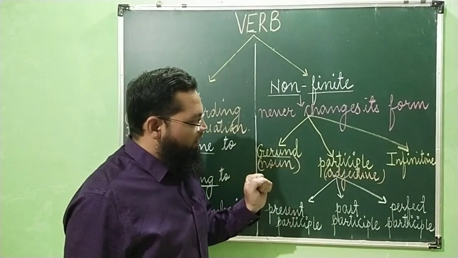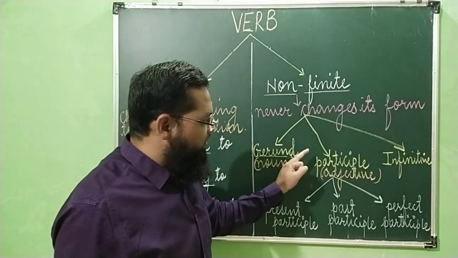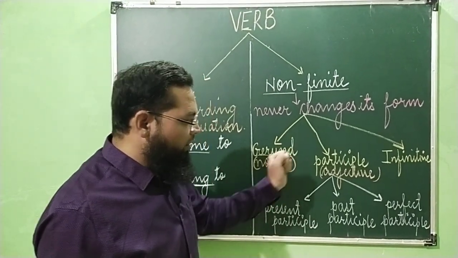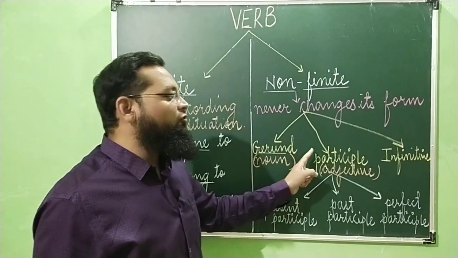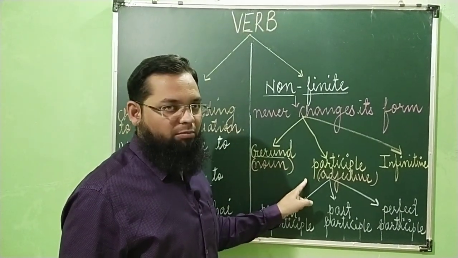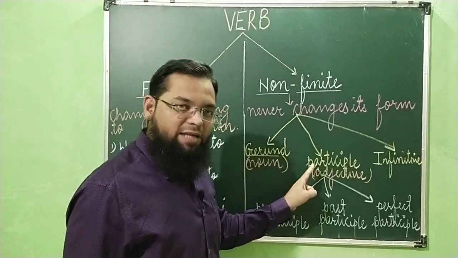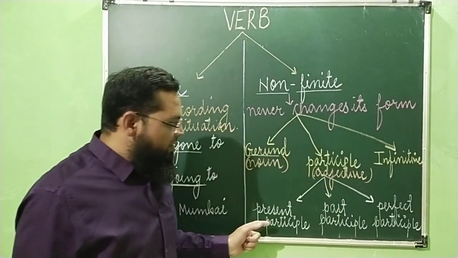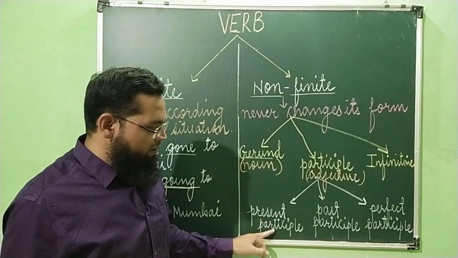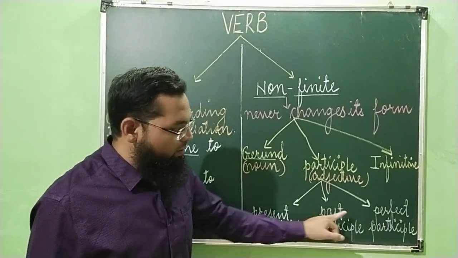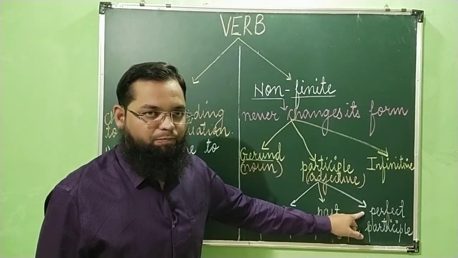Similarly, the second kind of non-finite verb is participle. Participle will be used as an adjective. Remember, gerund will be used as a noun, participle will be used as an adjective. There are 3 kinds of participle: present participle, past participle, and perfect participle.